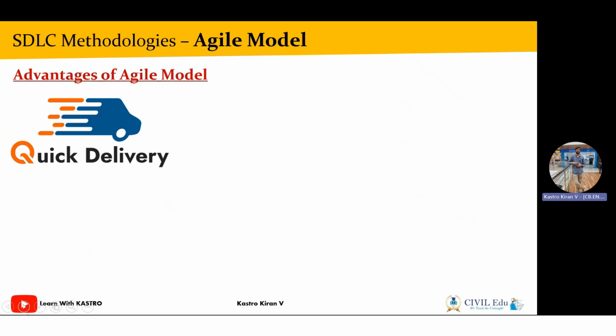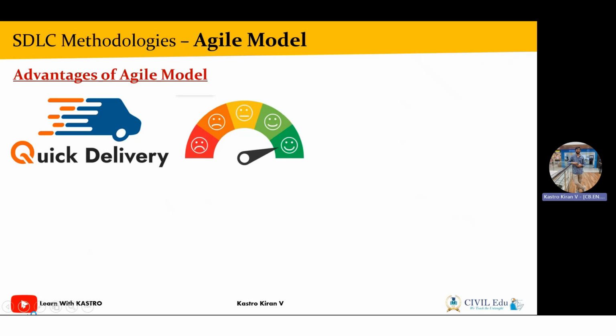The other advantage is that customer satisfaction will be at a higher level in the Agile model. The reason is, with early and continuous delivery, customers can get hands-on experience with the product and provide their valuable feedback. So increased customer satisfaction is always a positive thing in the Agile model.